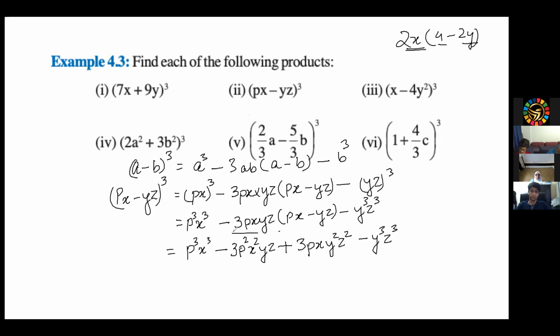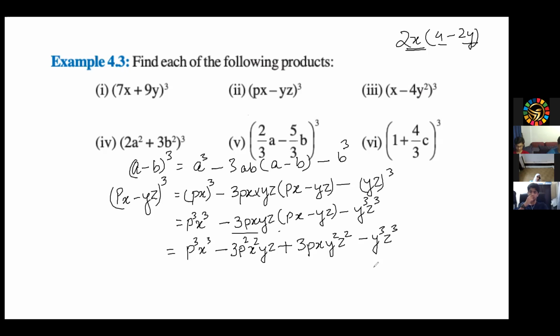So here I multiplied 3pxyz into px. So when I multiply with px, p's power becomes 2 and x's power becomes 2, and yz only as it is now. I am multiplying this into px, and then I am multiplying this into minus yz. So minus and minus comes plus, and first term is minus and plus, so it is minus. Is it clear, Farhana? No, this is the answer, right, ma'am?